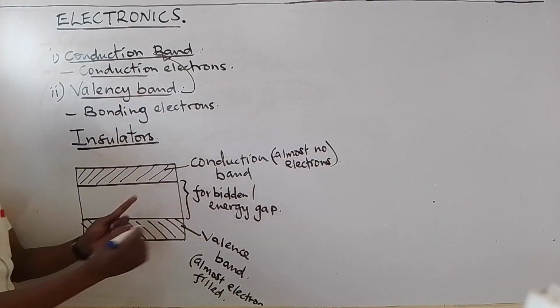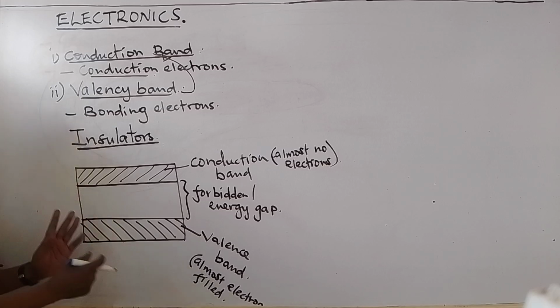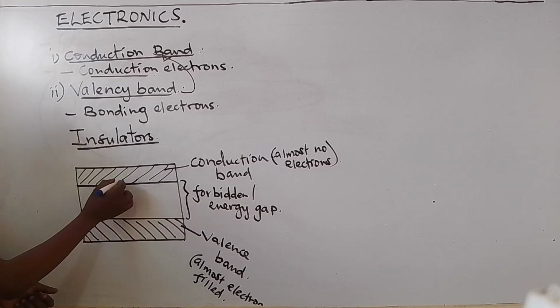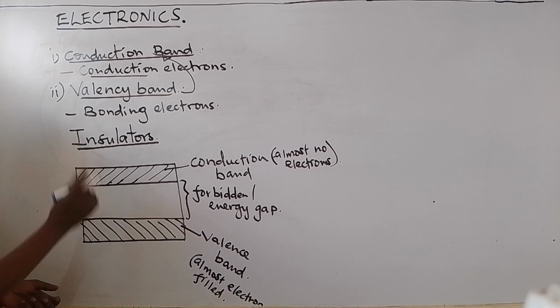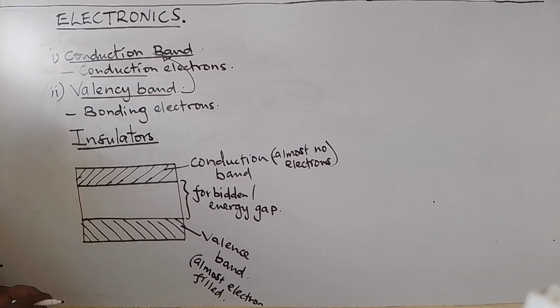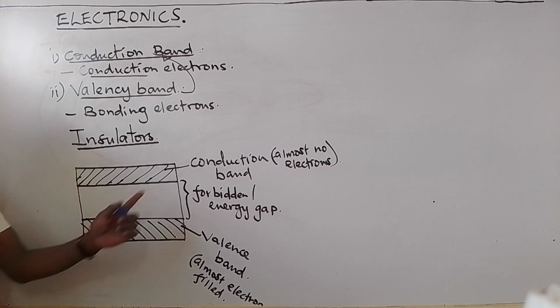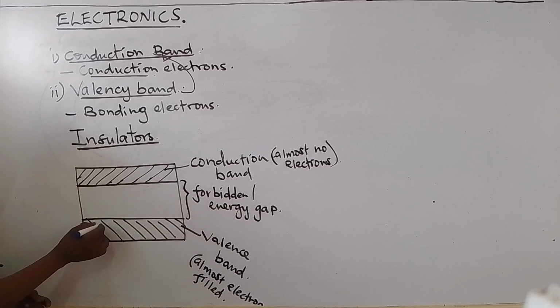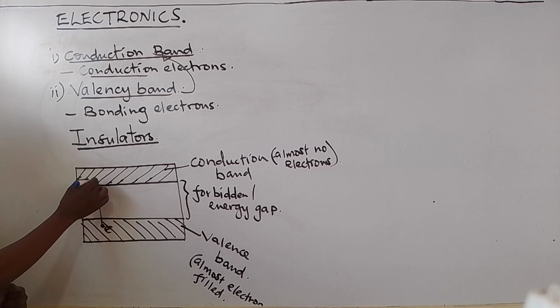Even if it has, they are so few that they cannot effectively make this crystal conduct. So in order for conduction to take place in an insulator, an electron will have to be moved from the valence band across the forbidden gap to the conduction band.